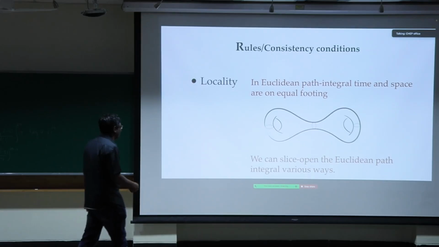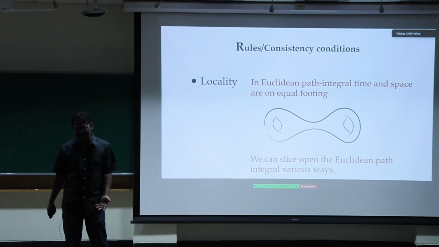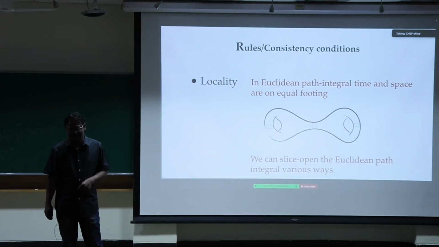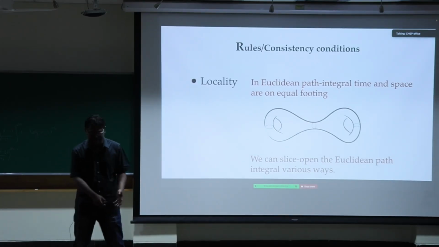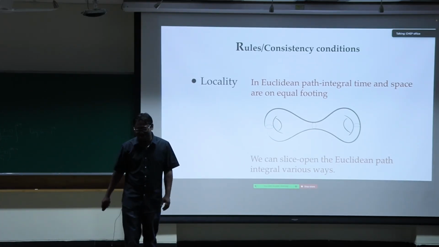I'm calling it locality because you can locally cut open the path integral, and various ways of cutting it open let you insert a complete set of states. In a non-local theory, it might not be true that you can always do it. But I guess you are probably asking how it is related to the usual notion of locality. I do something here, and it's not entirely clear to me.